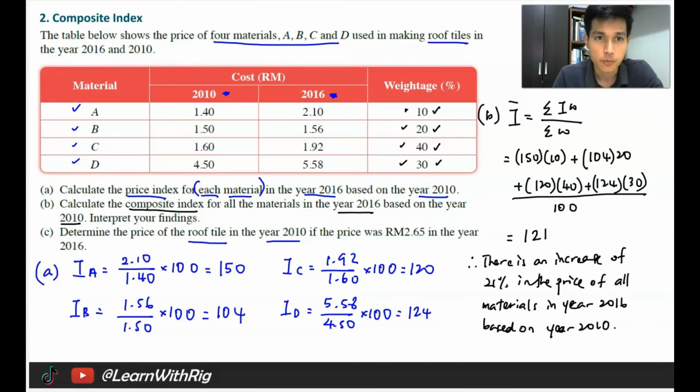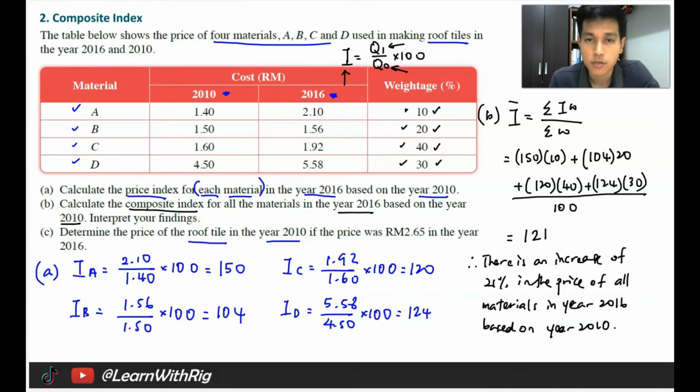But okay, we all know the formula is what? I is equal to Q1 over Q0 times 100. Okay, so now the question is asking you to find the price of roof tile in 2010. So 2010 should be the one at the bottom. Okay, 2016 should be the one on top. Okay, and then the index, what are you going to substitute here?